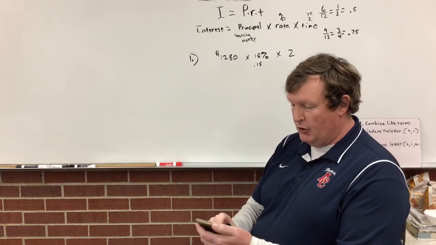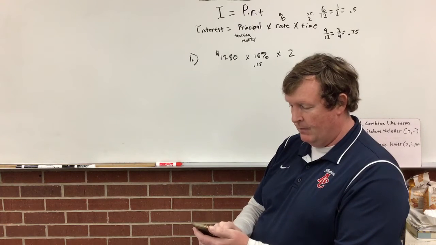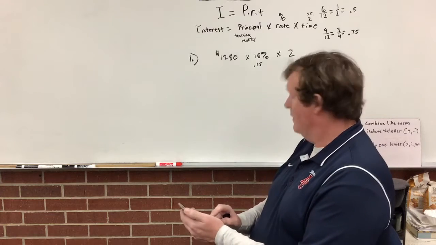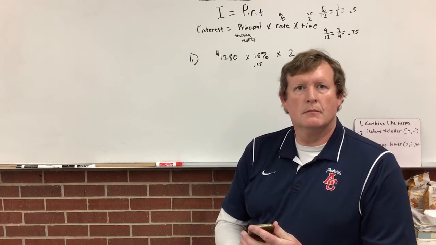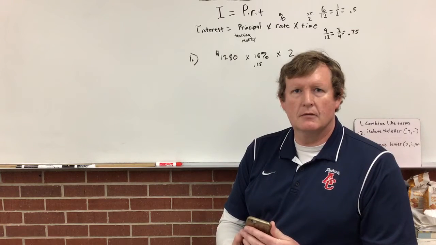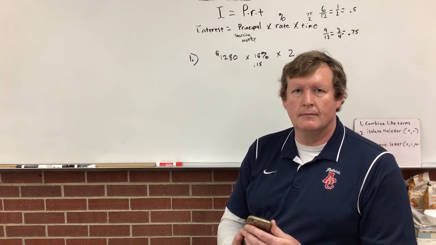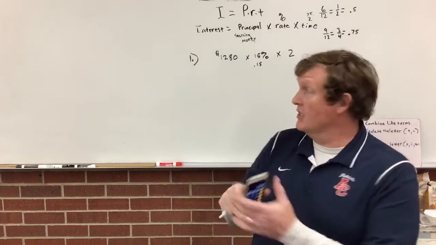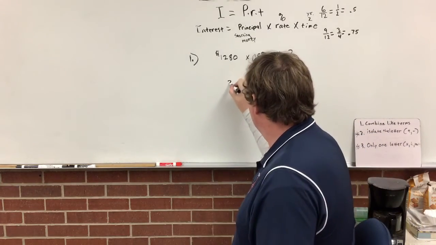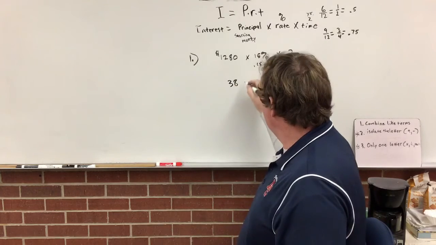You do it at home, I'll do it on my calculator. Okay. Did you get an answer? Need a little more time? Here it is. So, this is our interest answer. So there's our first answer. 384.